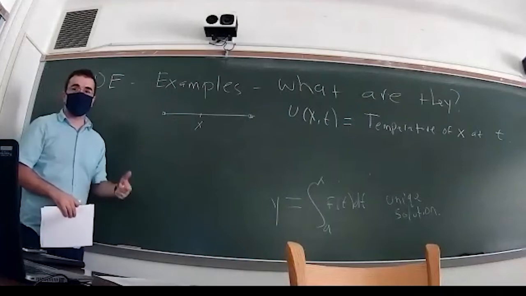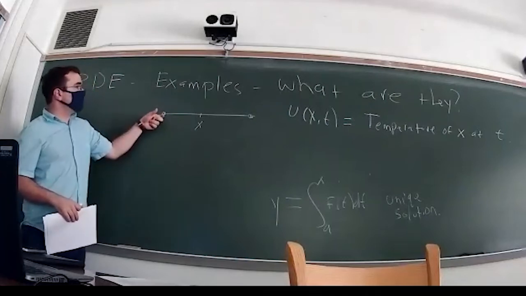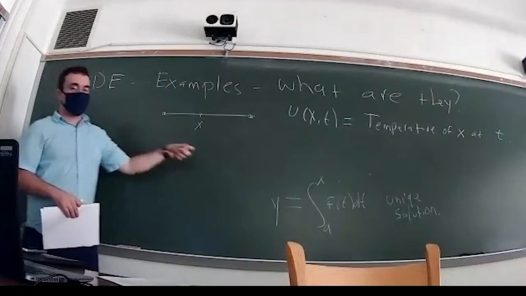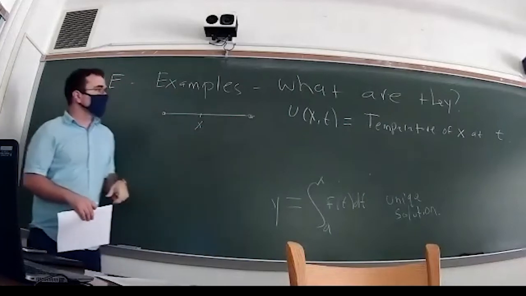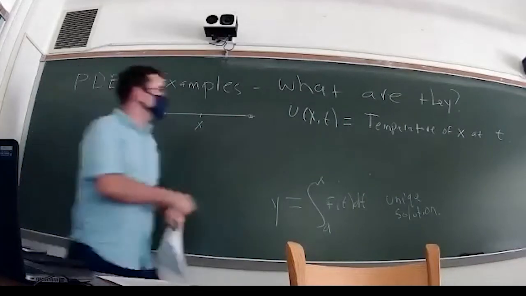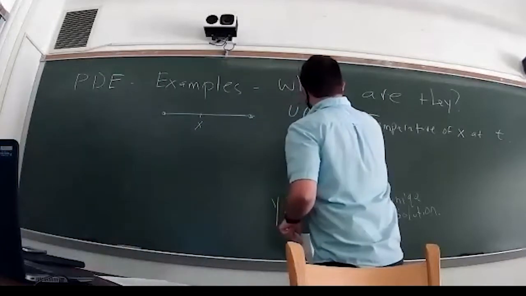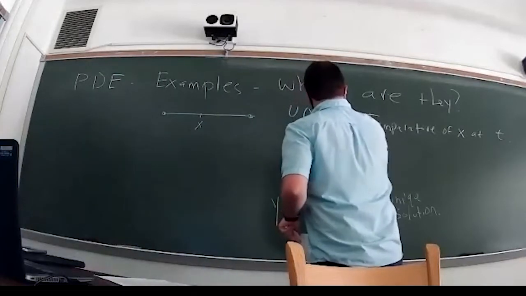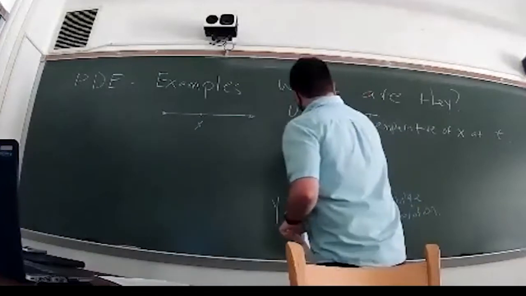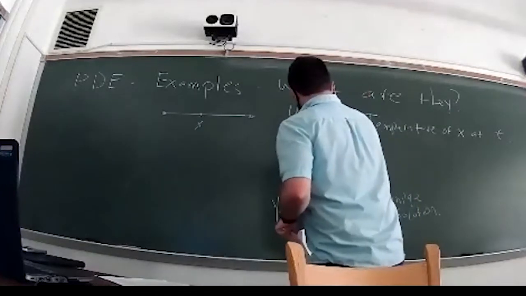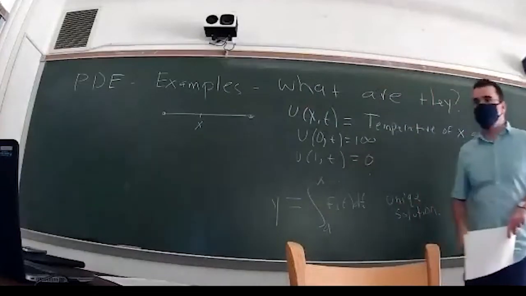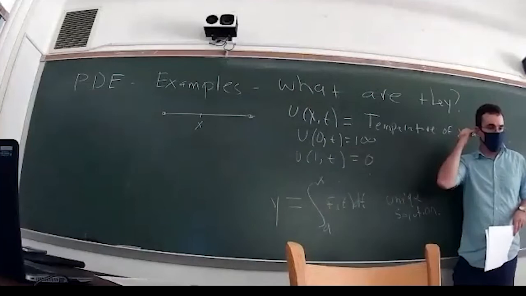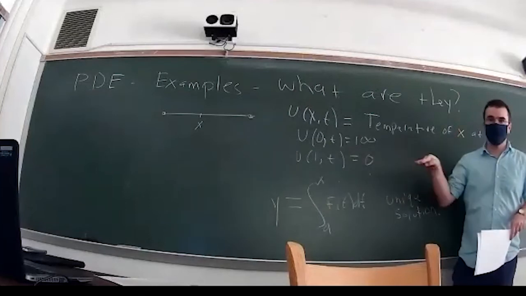My boundary condition is going to be, I'm going to keep this side at a fixed temperature of 100 degrees Celsius. I'll keep this side at a fixed temperature of 0 degrees Celsius. And I'll write that as follows. And one more condition, let's just say initially the rod was freezing.